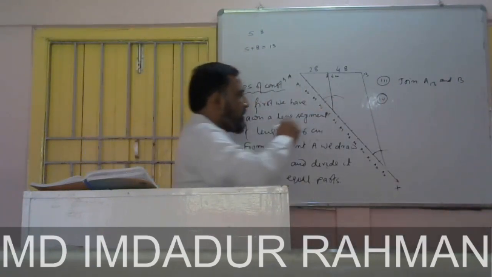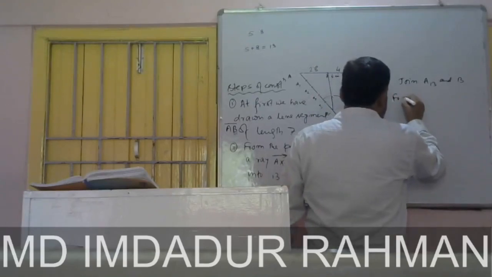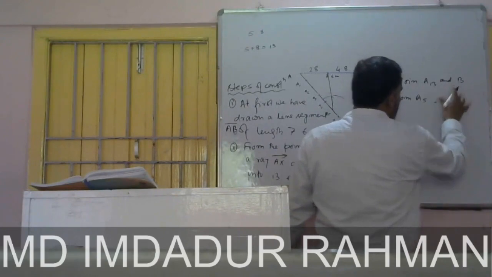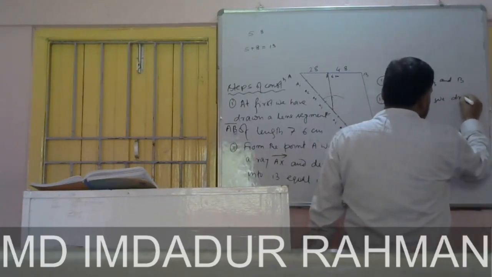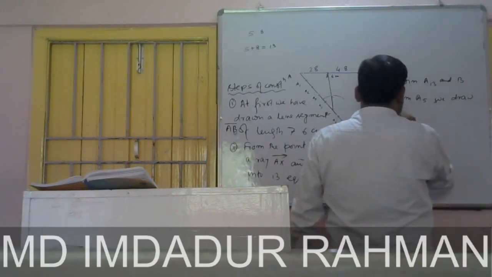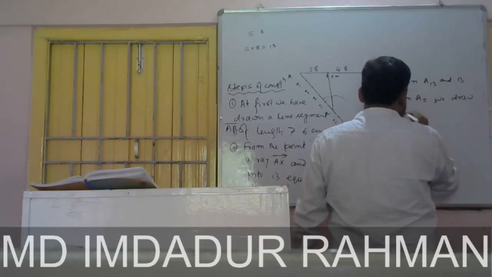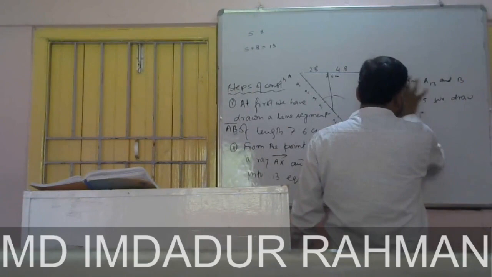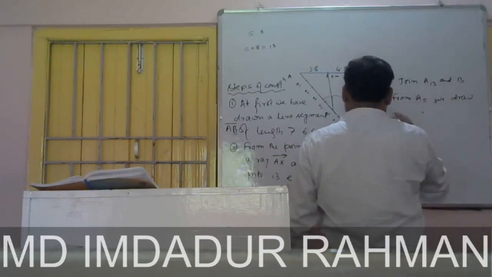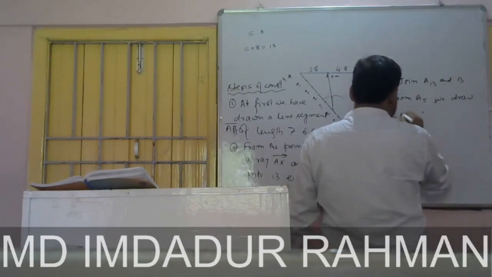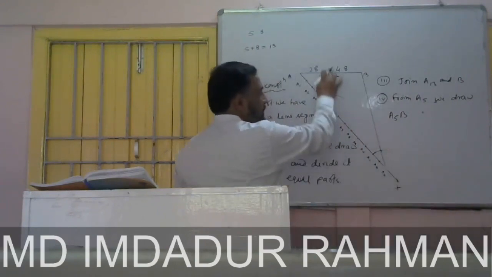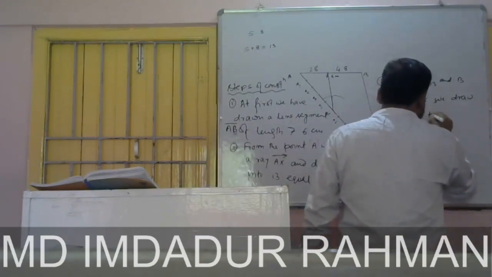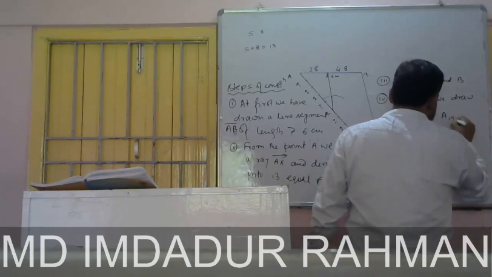Number 4. Then from A5, we draw a line. We draw this line parallel to A13B.